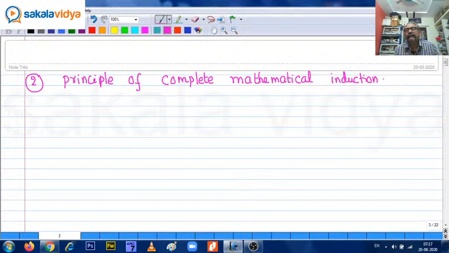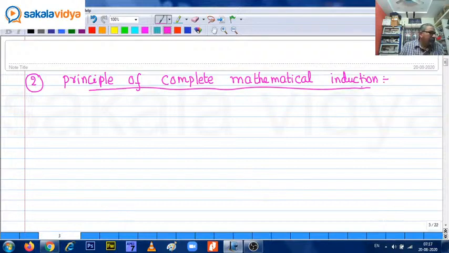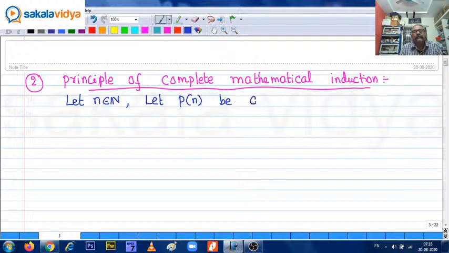That means, actually, let n belongs to N, let P of n be a statement in terms of n.